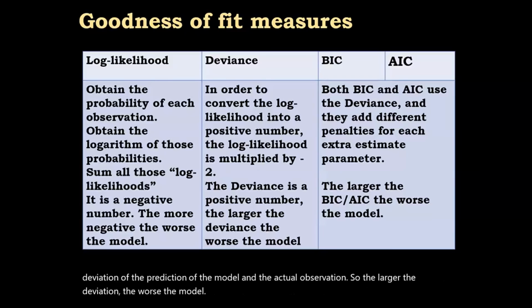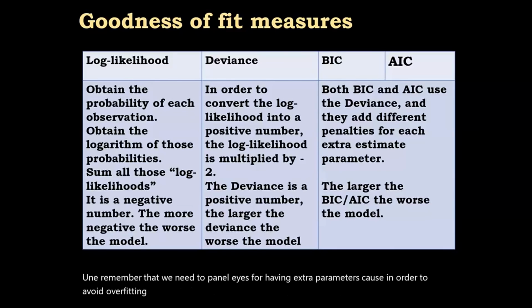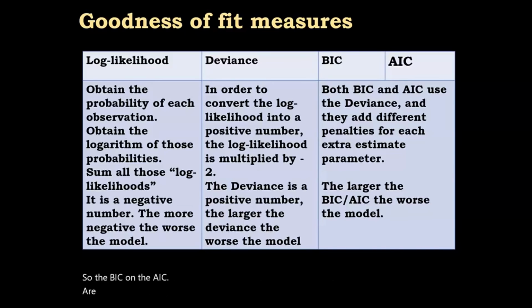And remember that we need to penalize for having extra parameters, because in order to avoid overfitting, we don't want models with a lot of parameters. So the BIC and the AIC are statistics that penalize for adding extra parameters.